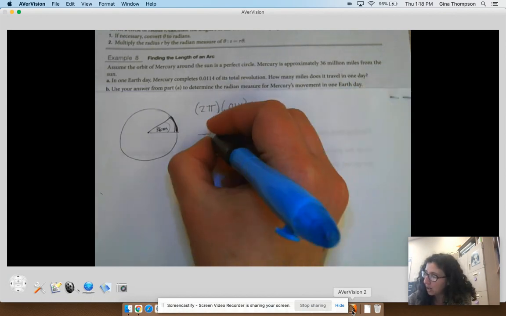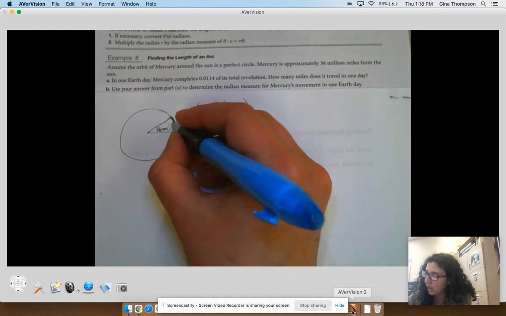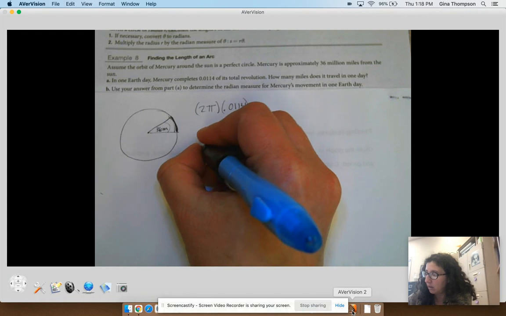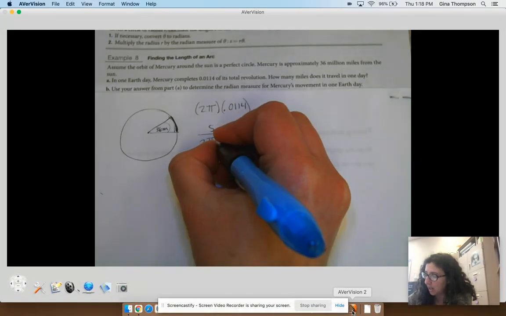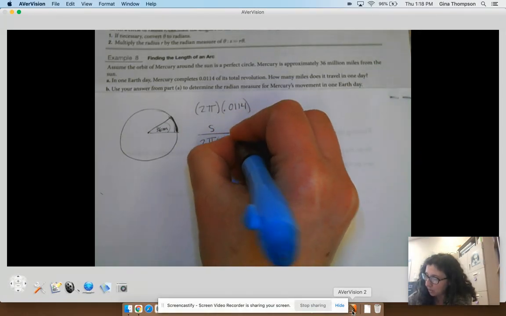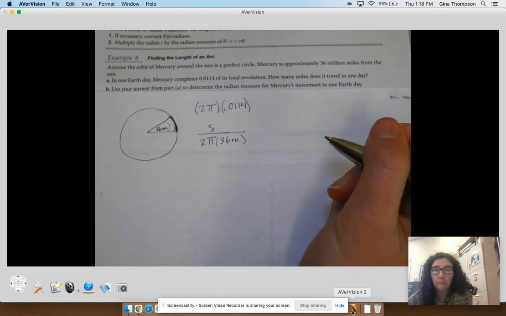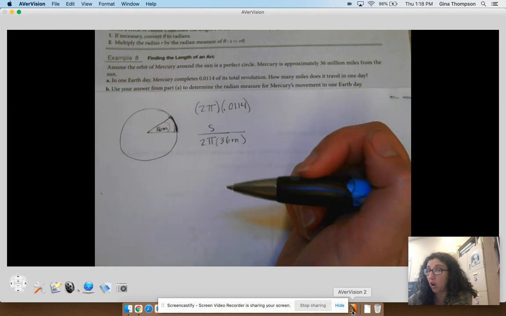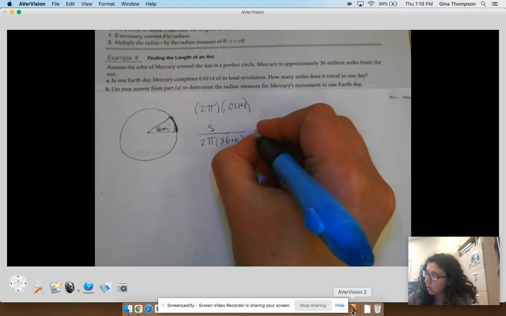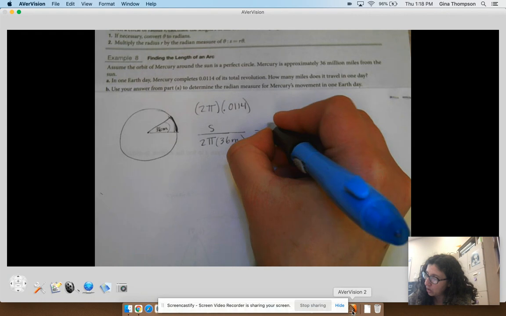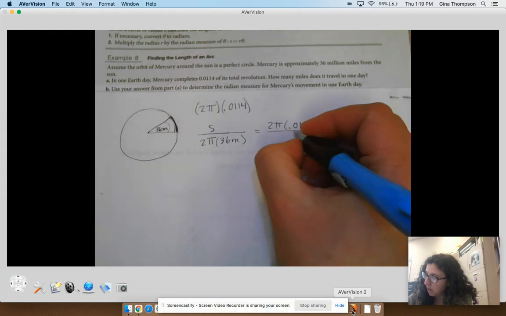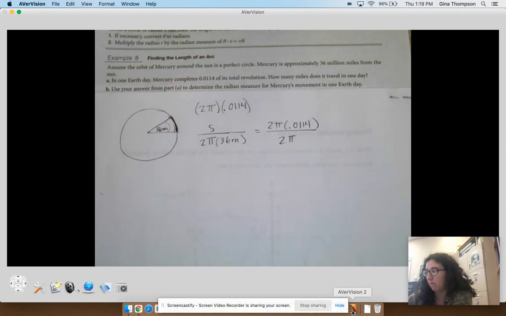So the ratio of that arc length to the whole thing, what's the whole thing? 2 pi times the radius, which is 36 million miles, right? The circumference of a circle is 2 pi r, equals this angle, 2 pi times 0.0114, divided by the whole thing, which is 2 pi.